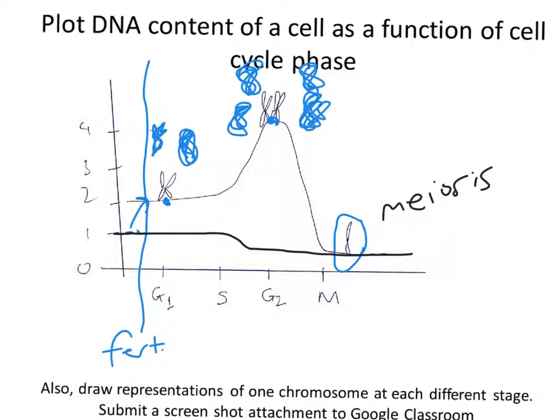For diploid cells, here we started the cell cycle with 2 copies of every chromosome. Synthesis, go up to 4. After cell division, back down to 2. So if that looked like that, that would be mitosis.